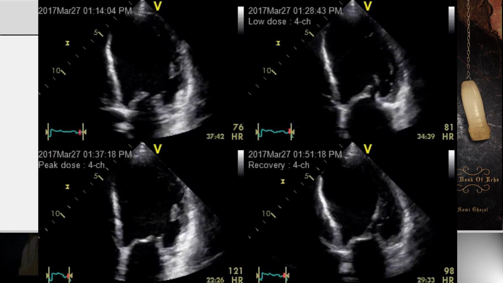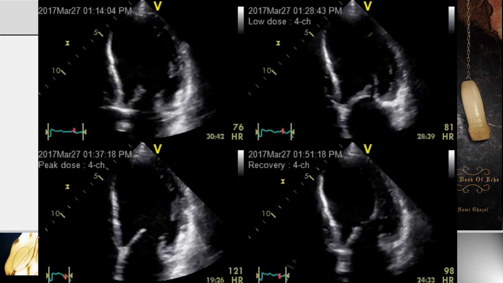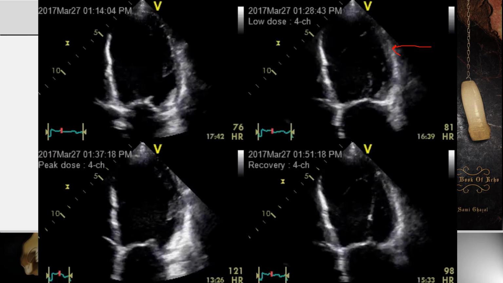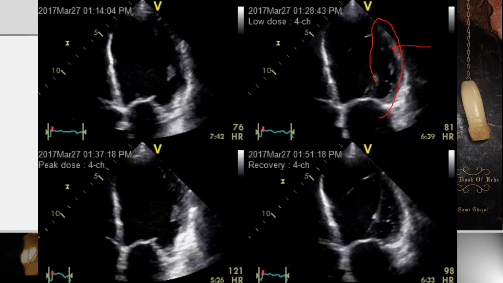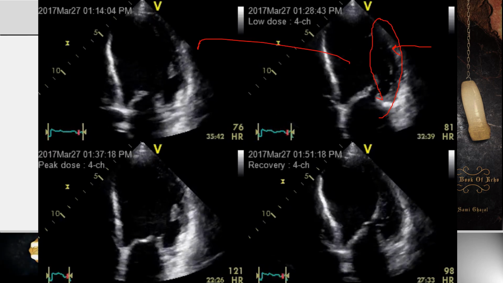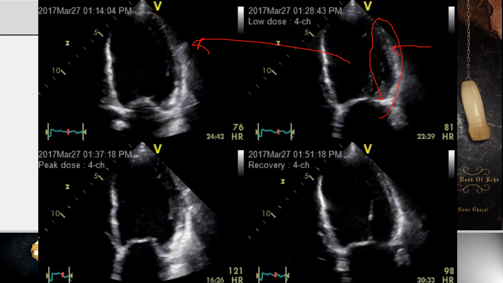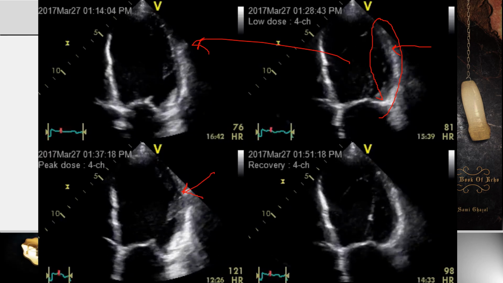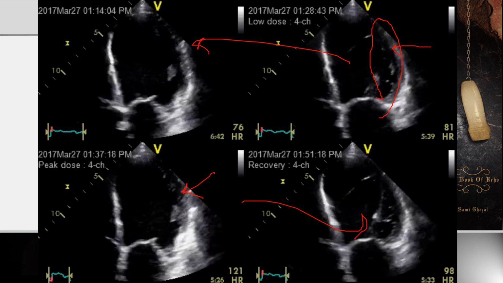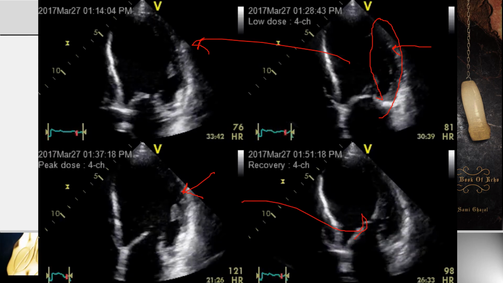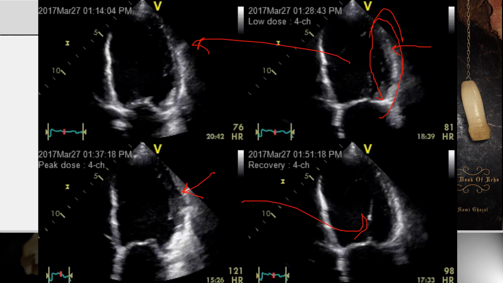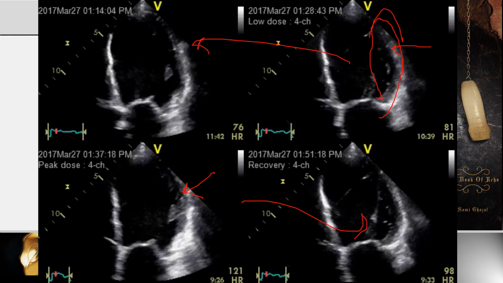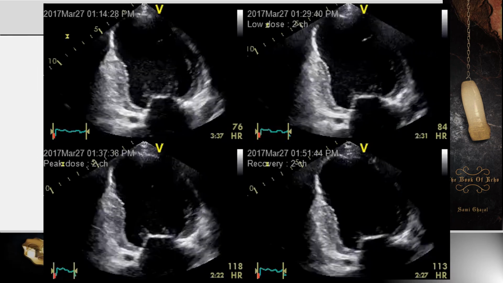Same patient again. Lateral, now here if you look at the anterolateral, the full length of the anterolateral here, you can see some improvement compared to baseline. And then that improvement at the peak dose is gone. It worsened. And then at recovery, it improved a little bit. So even the anterolateral here is viable and ischemic as well.